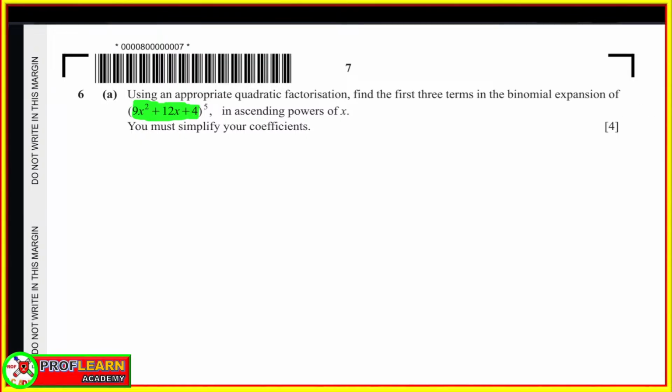You are able to write this as 3x plus 2 raised to power 2. But remember, if you were having the power 5, you can multiply the powers. So we are going to say this is going to be 3x plus 2 raised to power 10. So that is what we are supposed to do.